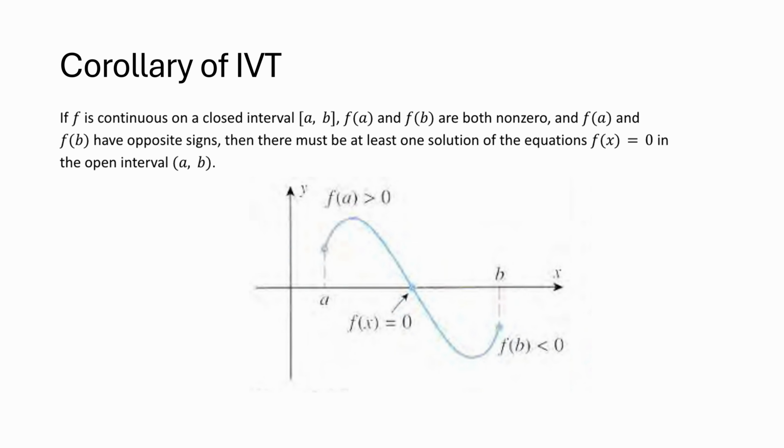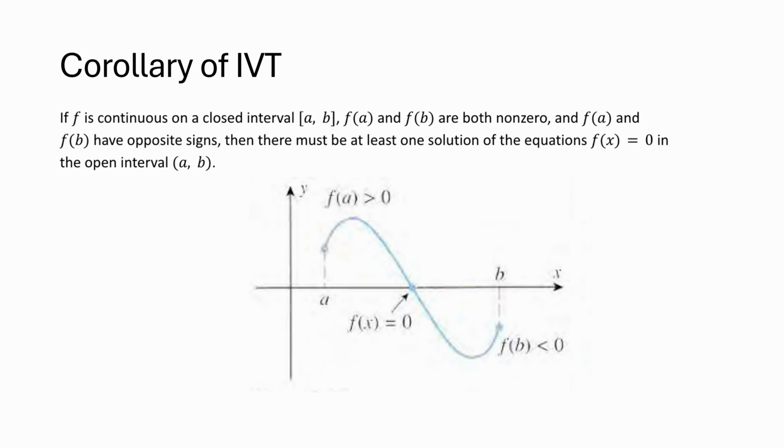One corollary of the theorem is that if f is continuous on a closed interval a comma b, and f of a and f of b are both non-zero and have opposite signs, for example f of a greater than 0 and f of b less than 0, or f of a less than 0 and f of b greater than 0, then there must be at least one solution of the equation f of x equals 0 in the open interval a comma b, which does not include a and b, because f of a and f of b are both non-zero.